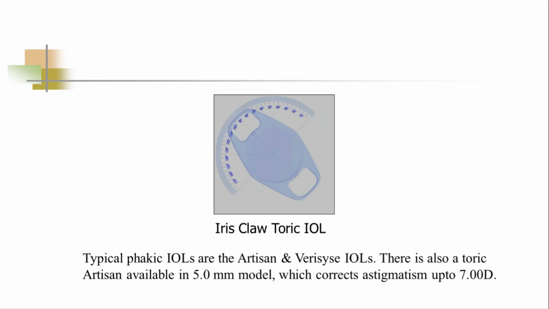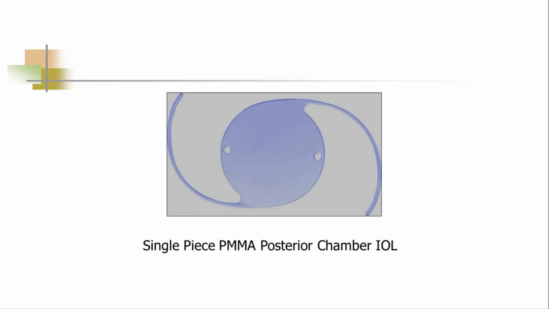Interestingly, the plain simple iris claw IOLs graduated to being phakic IOLs as well as toric IOLs. Typical phakic IOLs are the Artisan and Verisyse IOLs. There is also a toric Artisan available in 5 mm model which corrects astigmatism up to 7 diopters.